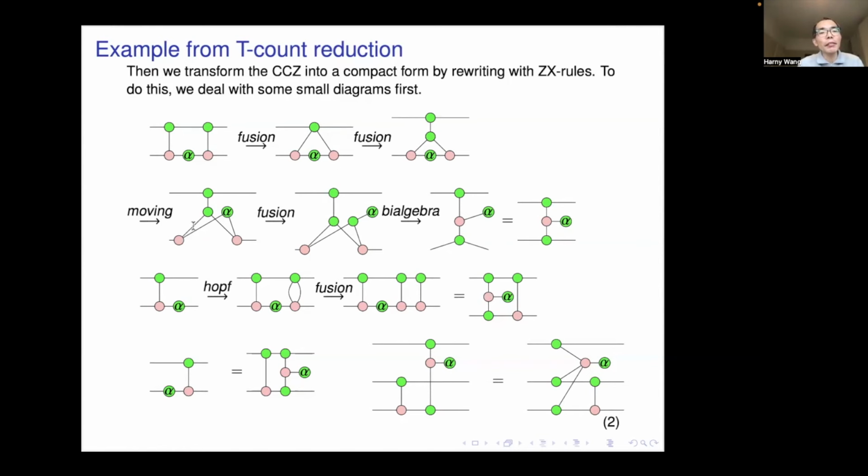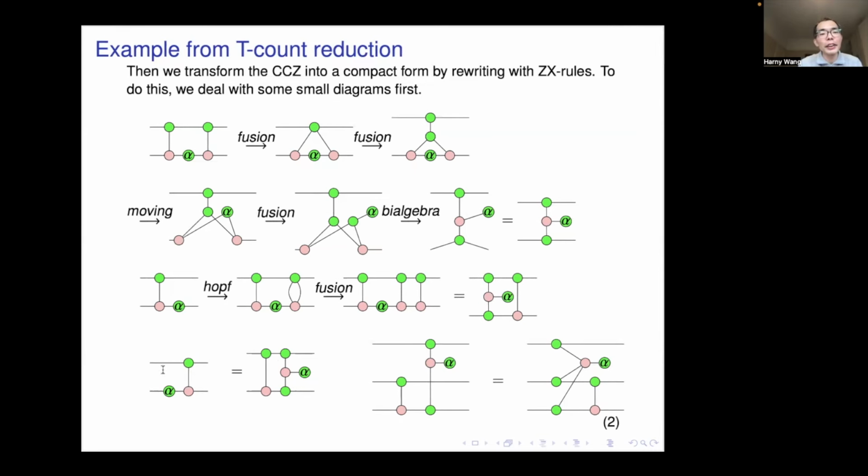How about if I have a CNOT and one rotation? Similarly I can do some rewriting. This CNOT can pass through this alpha, and I get the CNOT from left to right. But you can't just pass through, because these are different colors, so you will have an extra connection, and you get this thing.